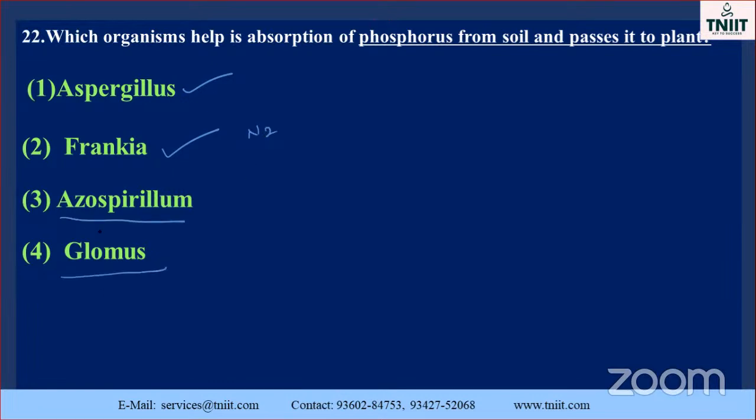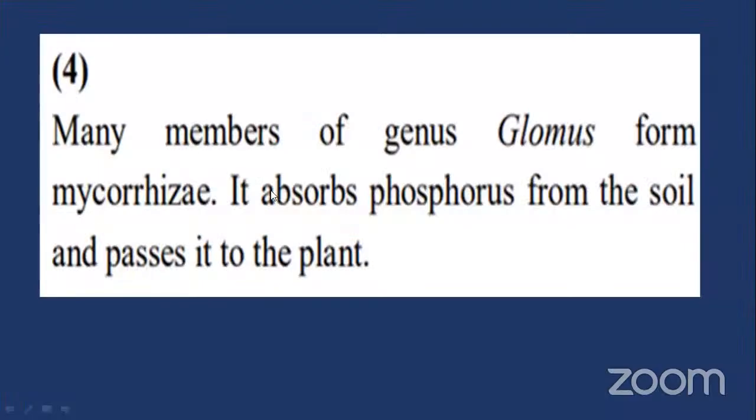What about Glomus? It is the correct answer. The phosphorus is absorbed from the soil and passed to plants by Glomus. Aspergillus, Frankia, Azospirillum will not come. Many members of the genus Glomus form mycorrhiza, which absorbs phosphorus from the soil and passes it to the plant. Mycorrhiza means fungi. Glomus is also a fungus. Other fungi are given as examples, but they are not correct. Choose the answer correctly.